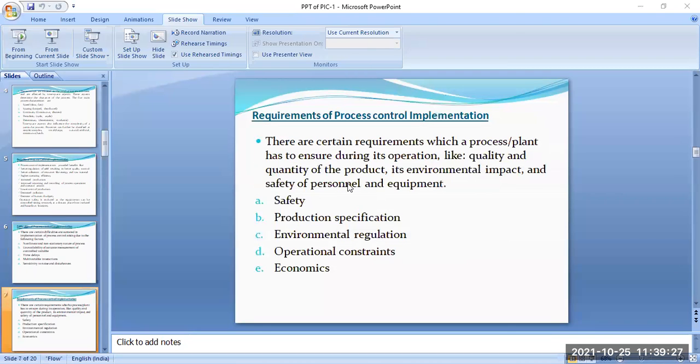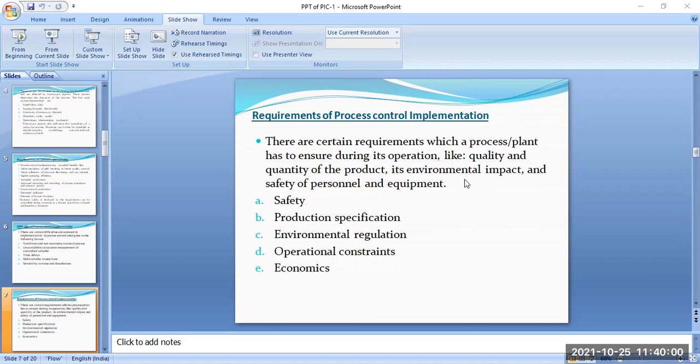Next, it is another one. What are the requirements of any process control design or implementation? When you have to design a process control industry or plant, or any engineer or any organization designs this process control industry, there are particular parameters we have to follow. There are certain requirements which a process or plant has to ensure during its operation.